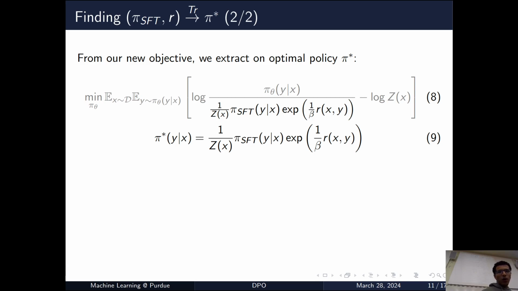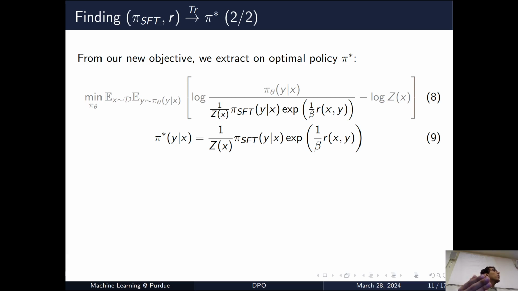This is very important because we get this objective, or this new distribution, that is a function of pi SFT as well as our reward. In its original form, the optimization objective was a function of SFT and the reward.